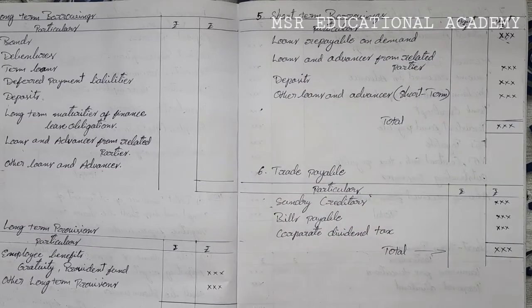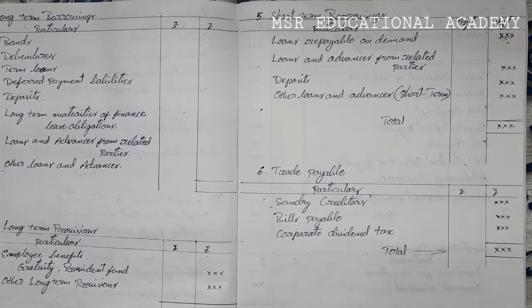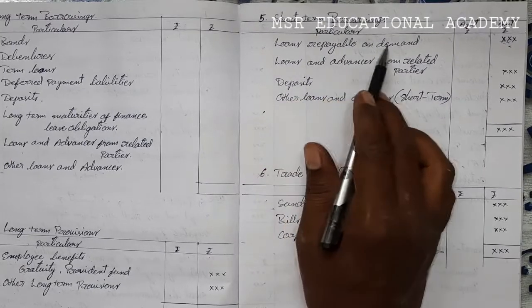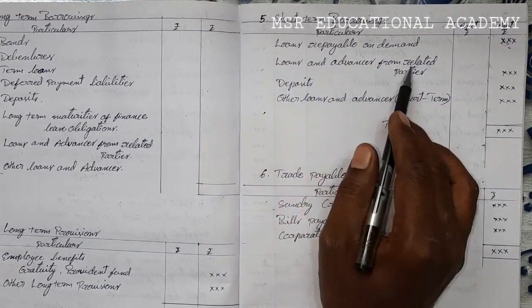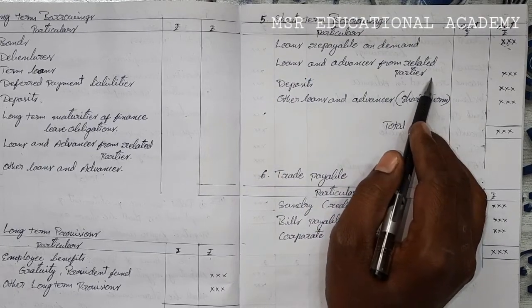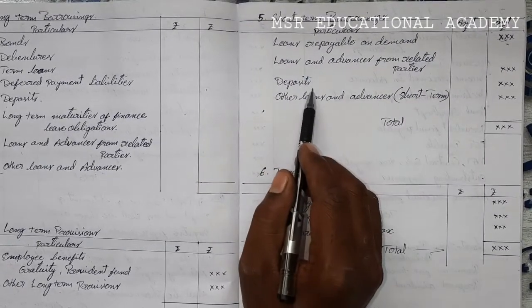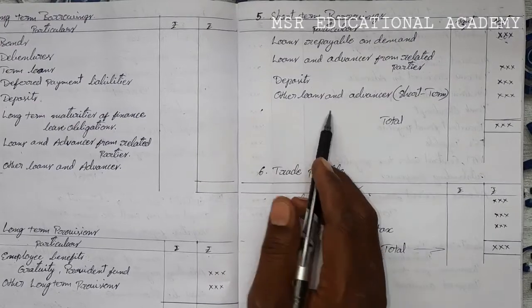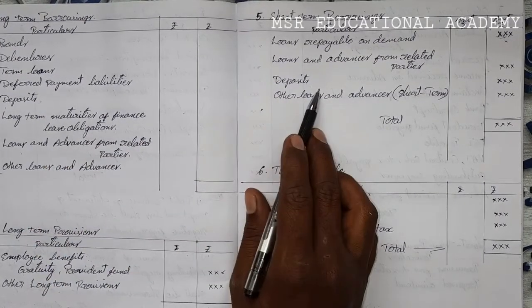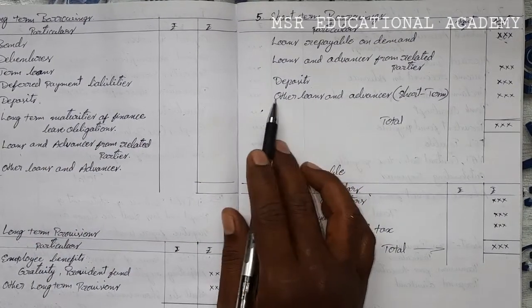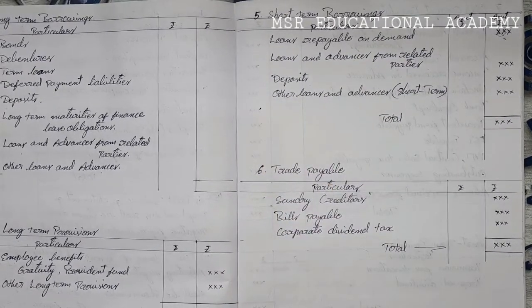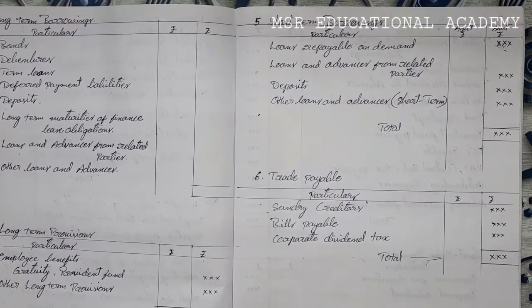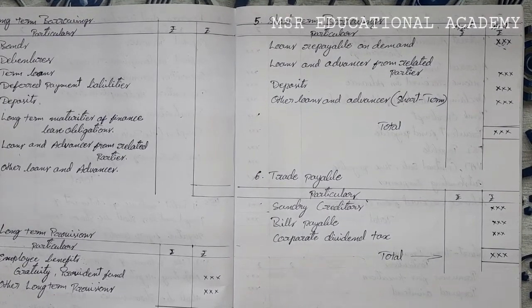short term borrowings. Under short term borrowings: loans repayable on demand, loans and advances from related parties, the deposits which are related to short term. This is long term, here it is short term, within 1 year. And the other loans and advances, if there are any short term items, you should write them under the short term borrowings head.